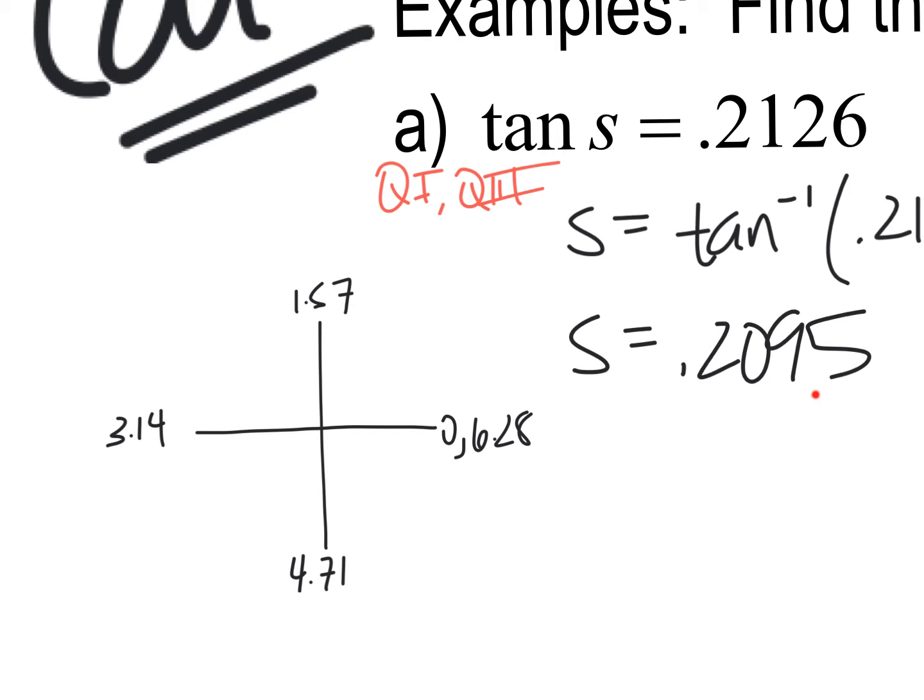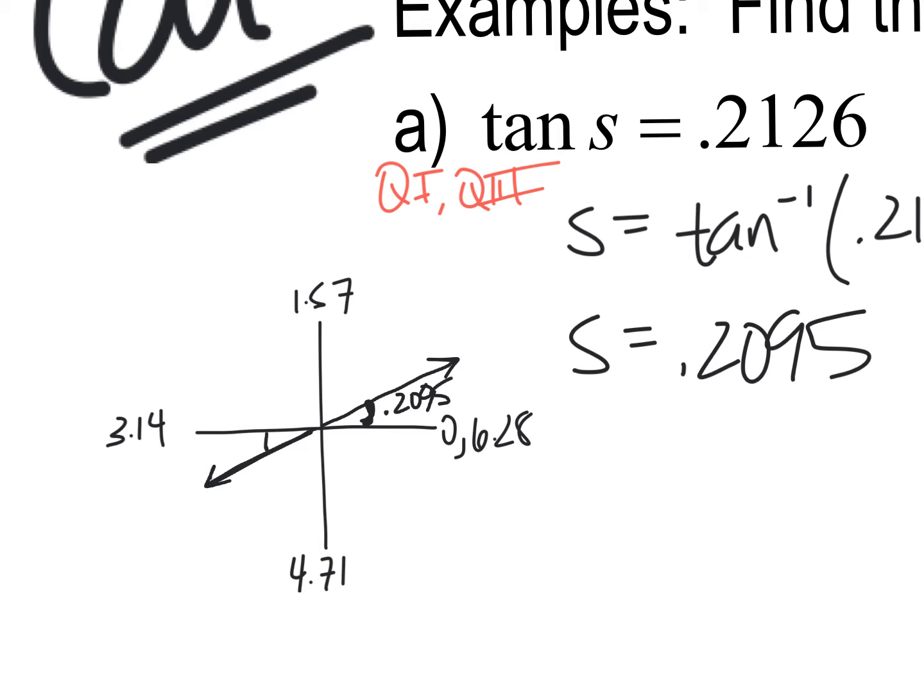This answer is in quadrant 1 because it's definitely between 0 and 1.57. So I'm going to draw it. It looks like this, and my radian amount here is 0.2095. The hard part is, how do I reflect that into the third quadrant?